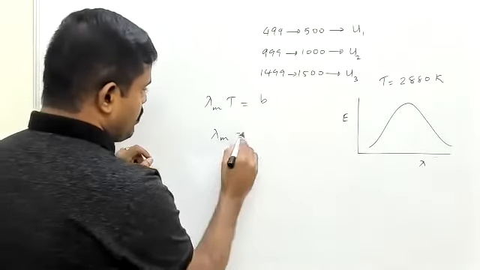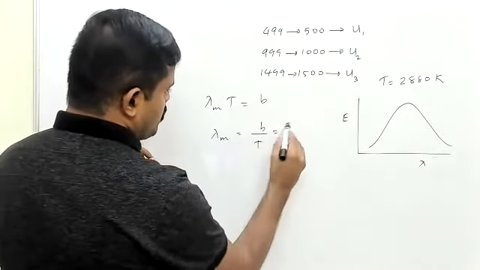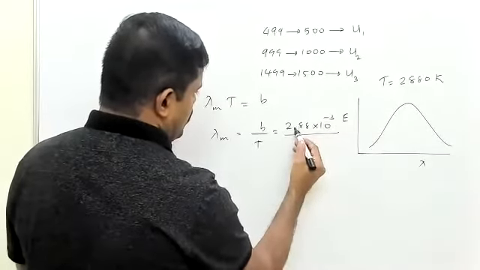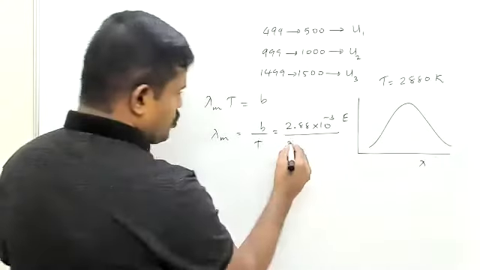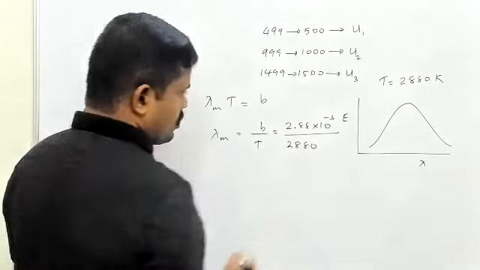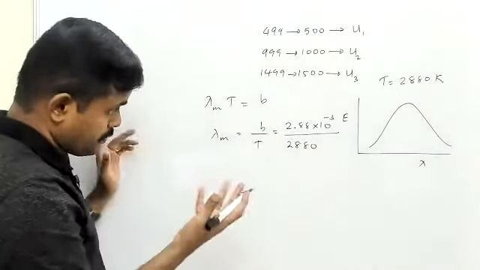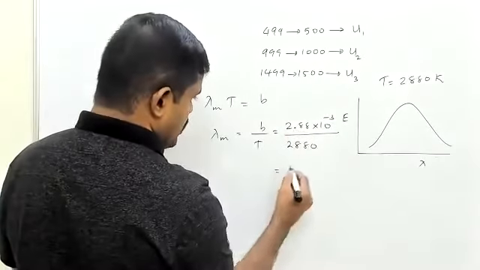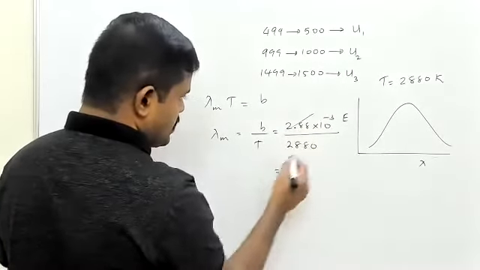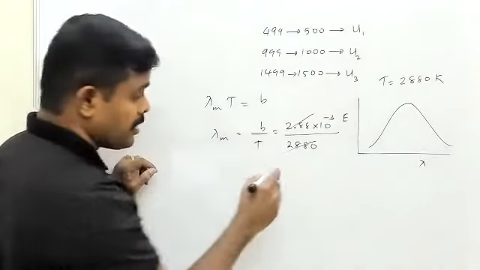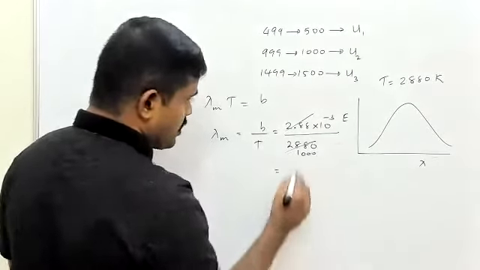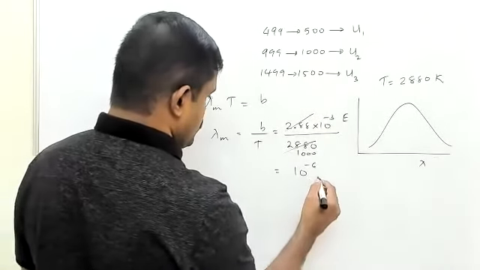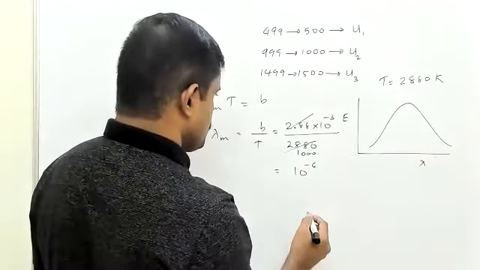So lambda m will be B divided by T. B is 2.88 into 10 power minus 3, divided by temperature 2880, right? If I cut this and this, 2.88 into 1000 is 2880. This goes to the numerator. So it is 10 power minus 6.